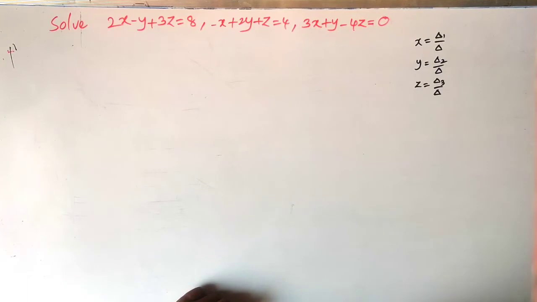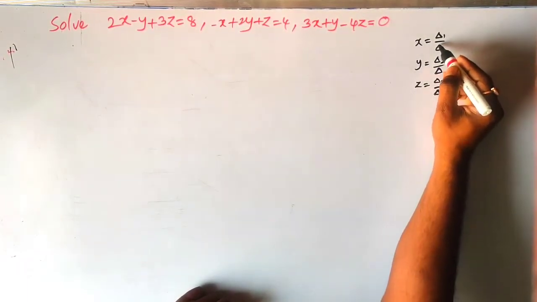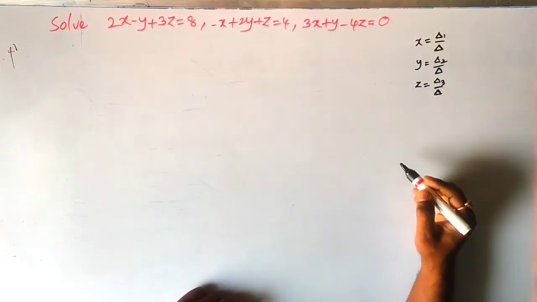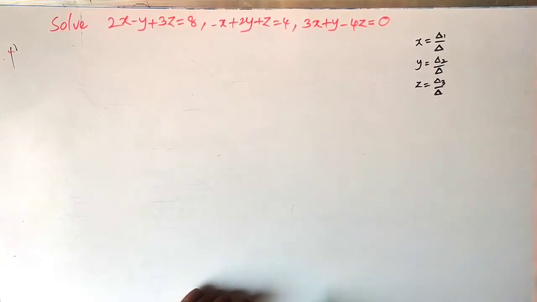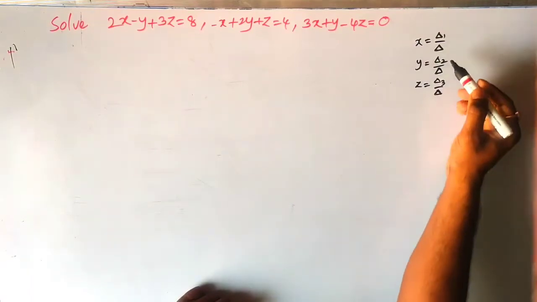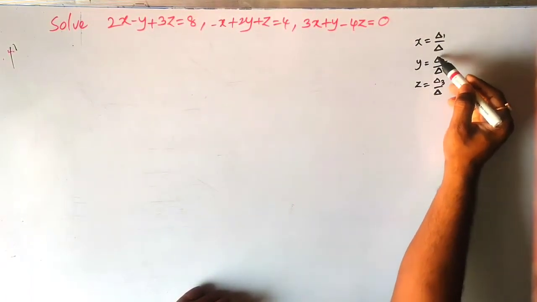Delta is common in x, y, z. What is delta? Delta is the determinant of the coefficient matrix. Delta 1, delta 2 and delta 3 are also there.